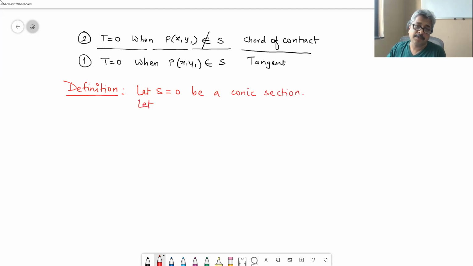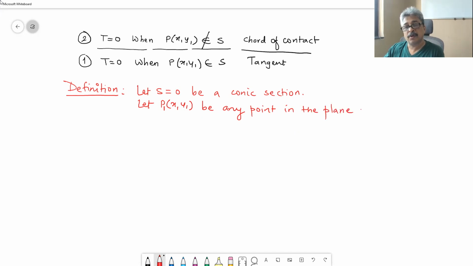Let P(x1, y1) or P1(x1, y1) be any point in the plane of S. Now I am putting it in the plane of S right now because we are discussing two-dimensional, planar geometry.